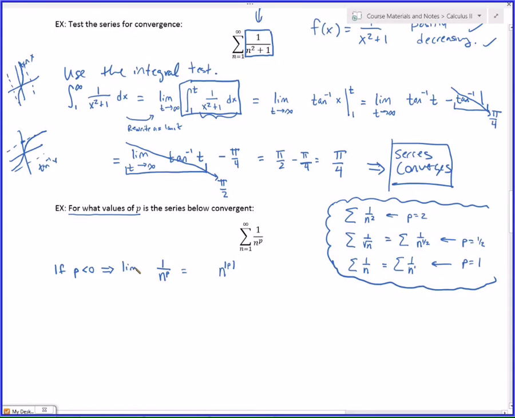So the limit as n goes to infinity of 1 over n to the p becomes the limit as n goes to infinity of n to some positive power. Now, if you take the positive integers and raise them to a positive power, they get bigger and bigger and bigger. Like 1 squared, 2 squared, 3 squared, 4 squared. As the base is getting bigger, the whole thing goes to infinity.